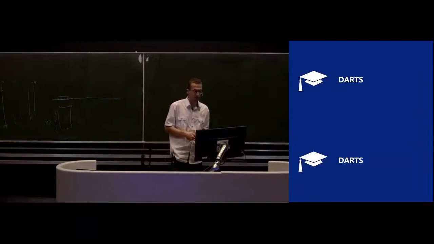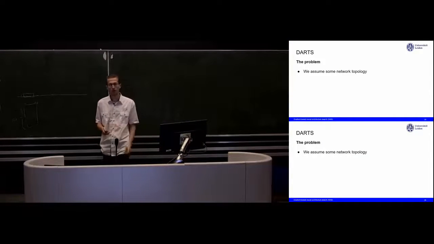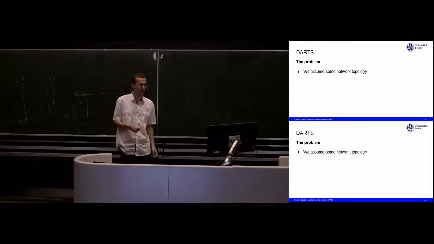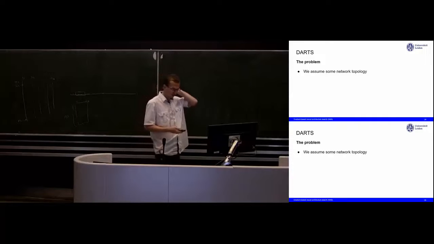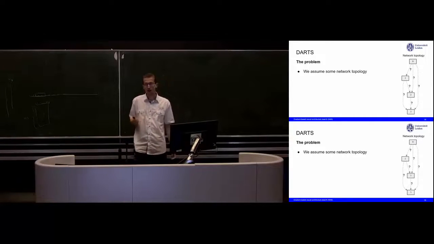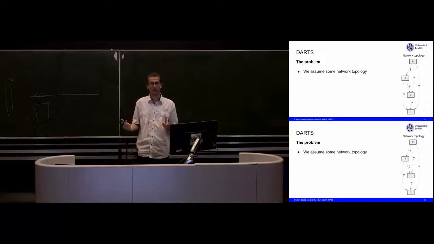So to describe the problem in a bit more detail, what we do in DARTS is we assume that we have some rough network topology, or cell topology, and that may look something like this. Every node in this graph corresponds to a layer. You can think of it as a layer. And on the edges, we perform certain operations.